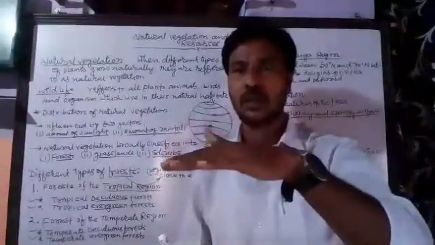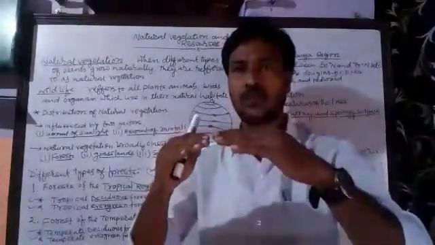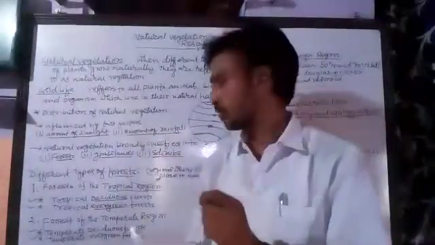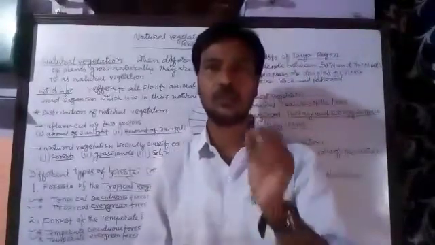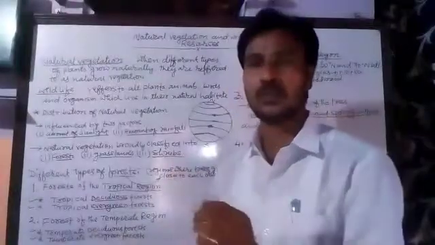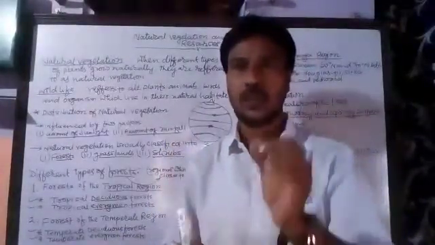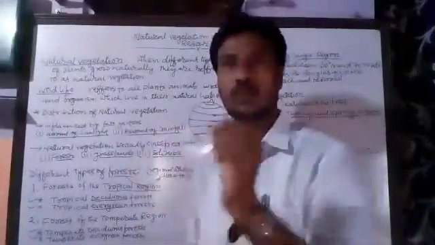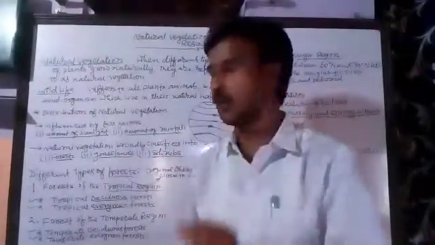Trees are of medium height, and these trees shed their leaves. The important thing is that the trees of this tropical deciduous forest shed their leaves in the dry season, and during the dry season all the trees shed their leaves, and therefore they are not evergreen.